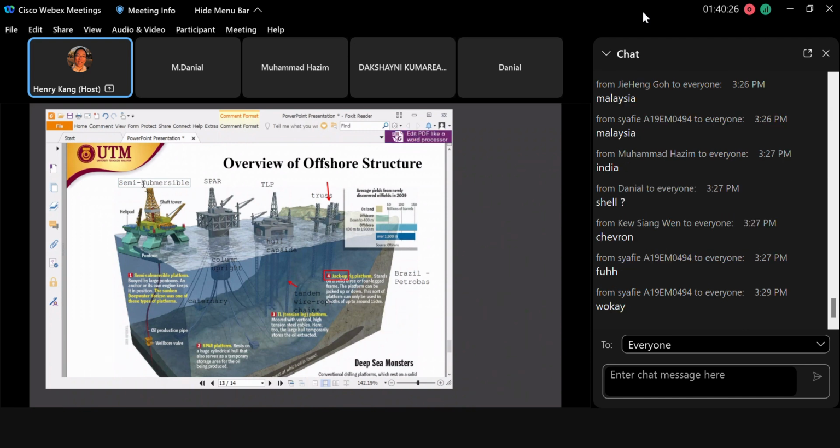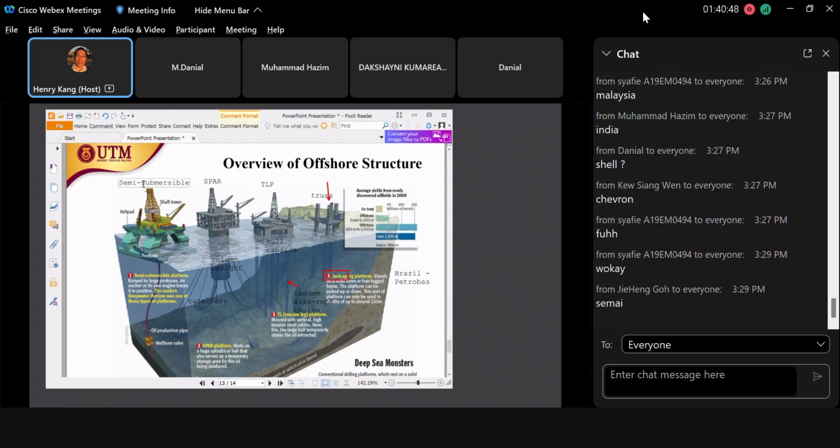Because semi-submersible is the structure for US developers, and you know the US Texans like talking in their own accents. So you must say semi-submersible. If you just say semi, then they know you are an outsider.